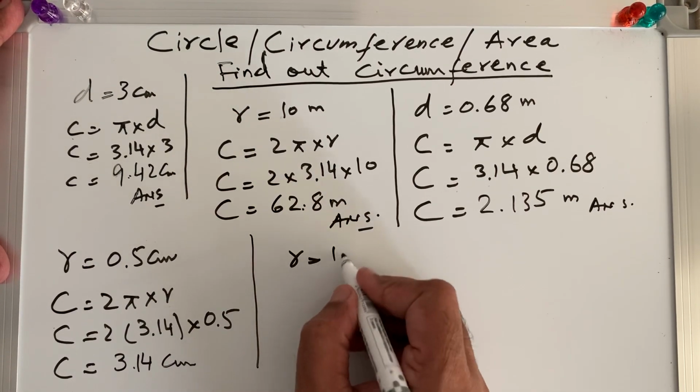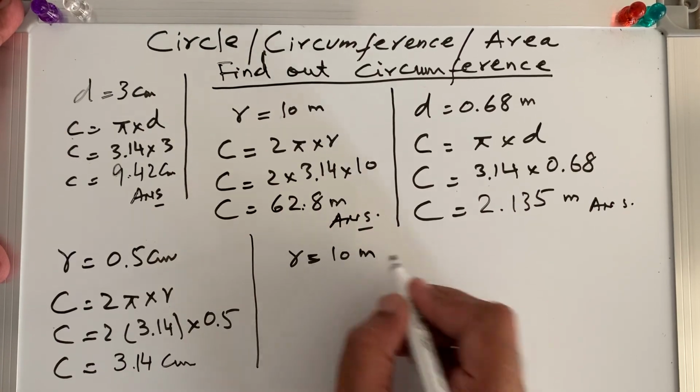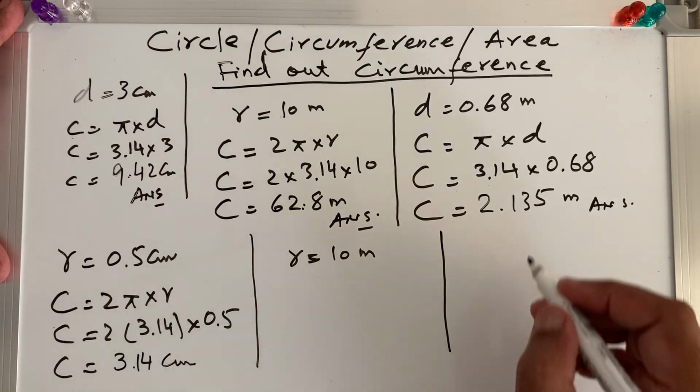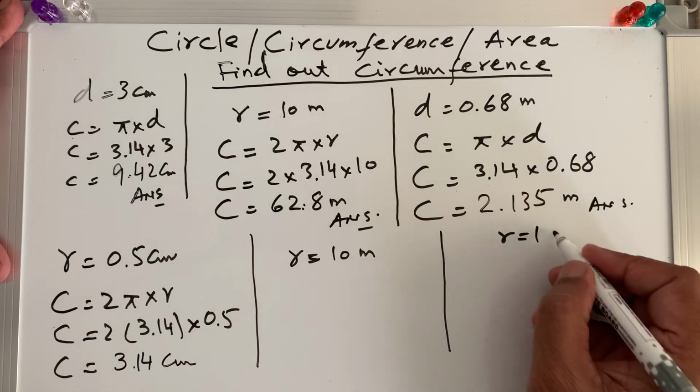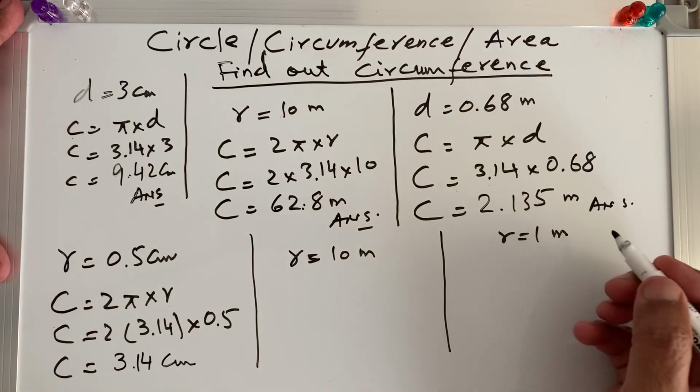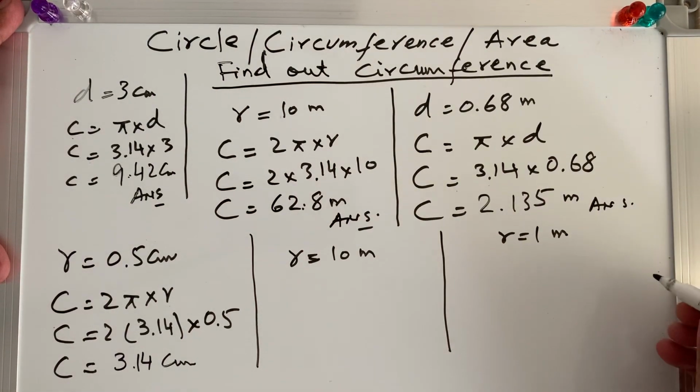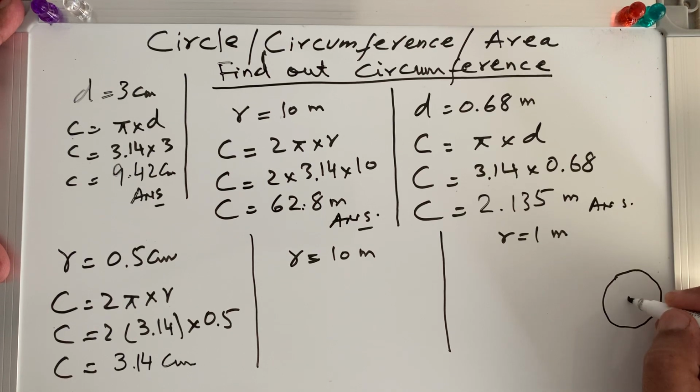Now this is your exercise: r is equal to 10 meter, and r is equal to 1 meter, right? Sometimes they can also give you only the picture and say to find the circumference, and they say that this r is equal to 1 meter. If this is the case, you can see that this is r.